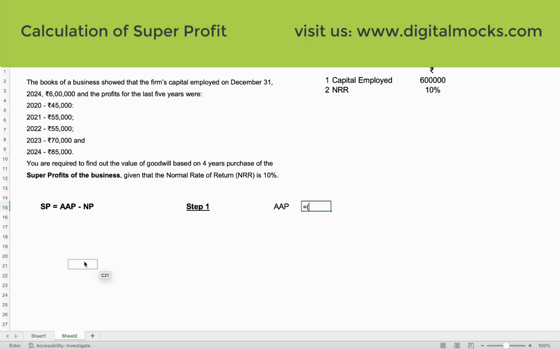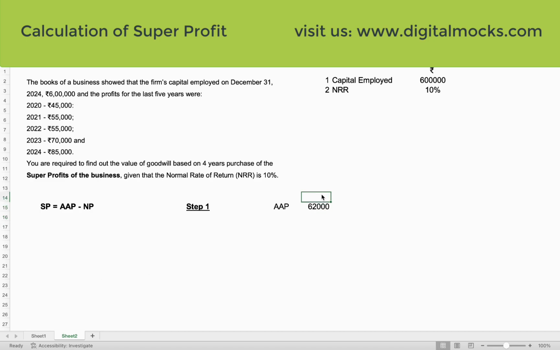In the year 2020 the profit figure was 45,000 plus the next profit figure is 55,000 plus again 55,000 plus 70,000 and after that 85,000. This is the last 5 years profit. So we will add all these 5 years profit and divide by the number of years, that is 5.